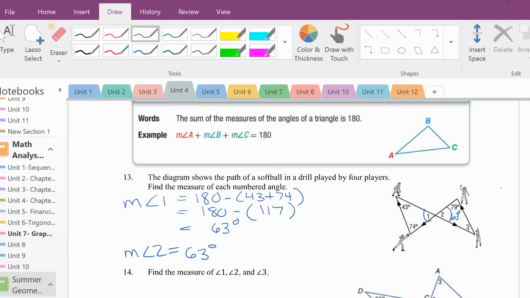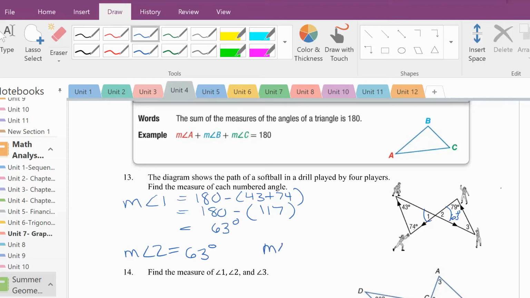And since these lines are parallel, I know that 74, scratch that. So I have two angles of the triangle, right? I have 79 and 63.